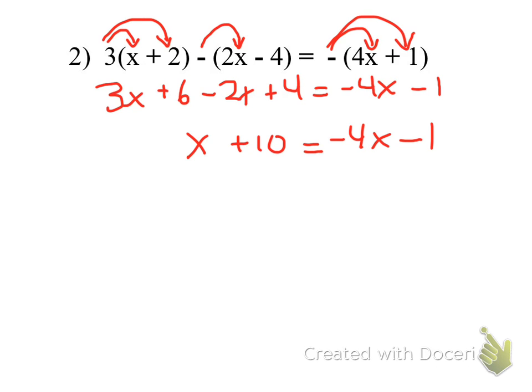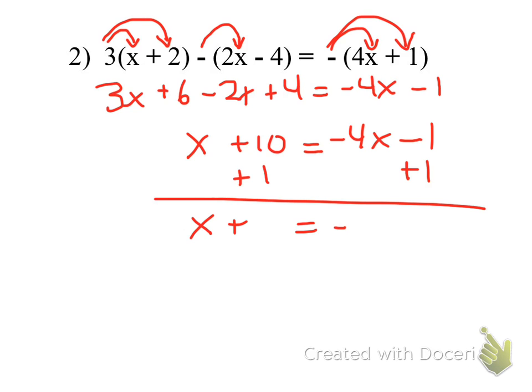What would I do next, Lucy? Subtract 1 or add 1 because 1's a negative. Add 1 to both sides. Move her 1 to both sides. Okay. And that's x plus 11 equals negative 4x.